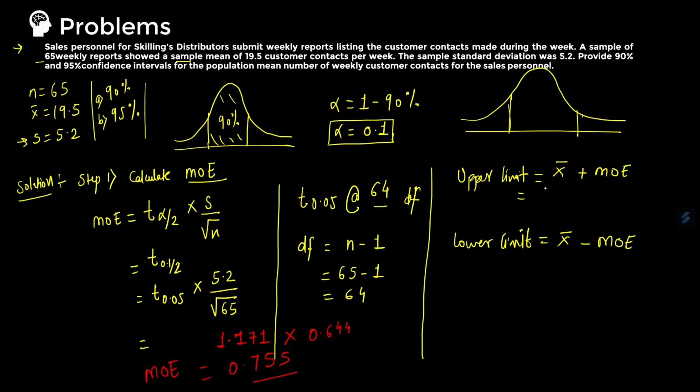So we have x bar as 19.5 plus margin of error as 0.755. Then we have 19.5 minus 0.755. We get the upper limit as 20.255.